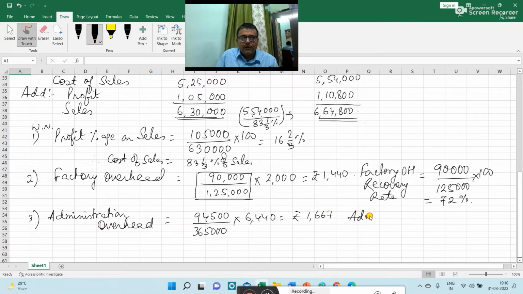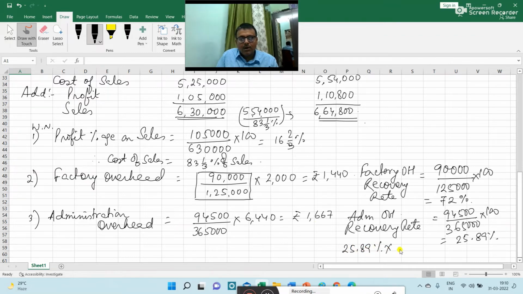Administration overhead recovery rate I am calculating. This is 94,500 divided by 3,65,000 into 100. You will be getting 25.89%. So the administration overhead is basically 25.89% of works cost.